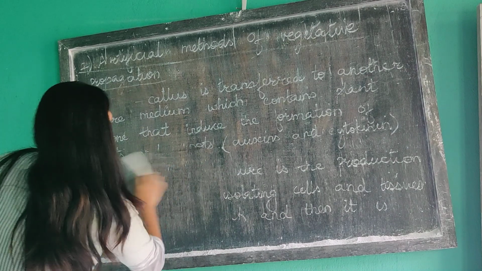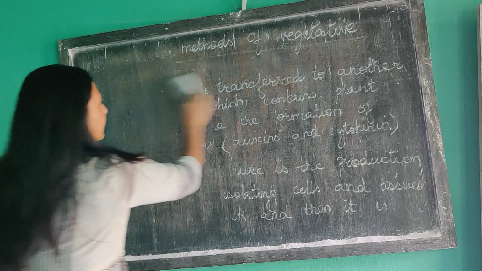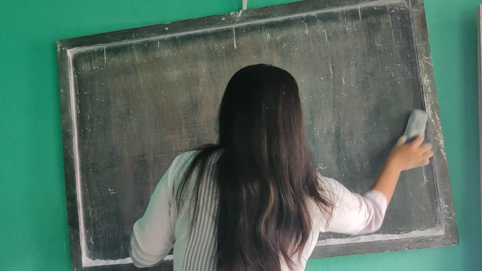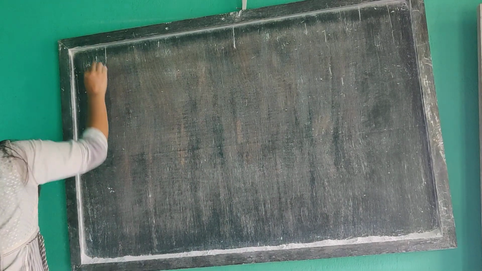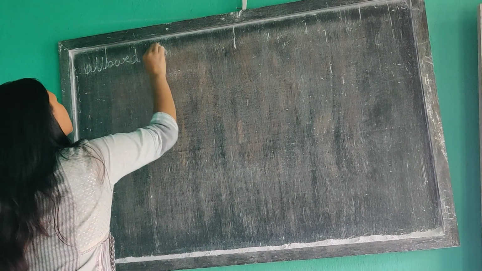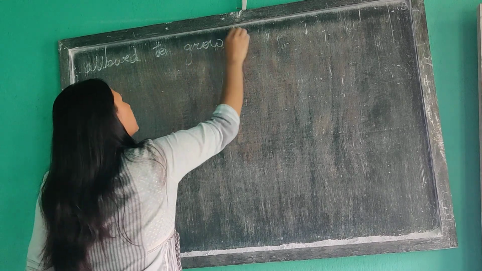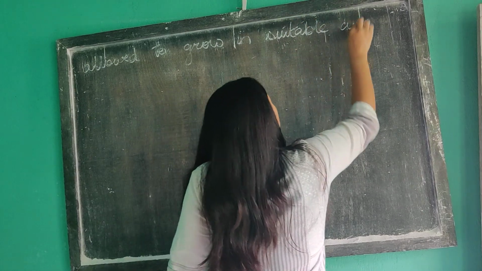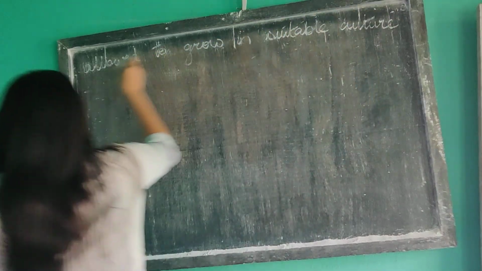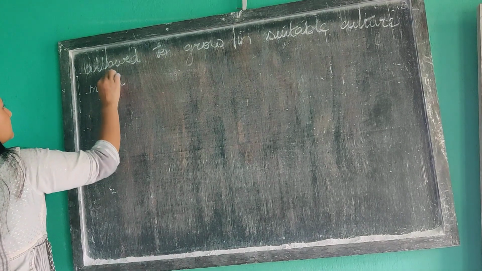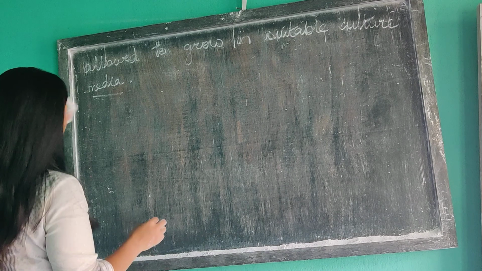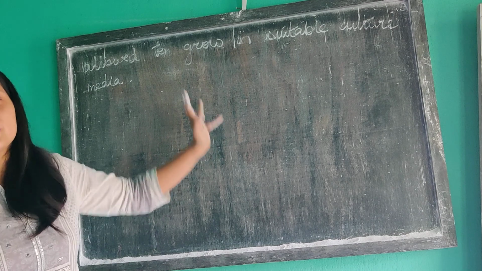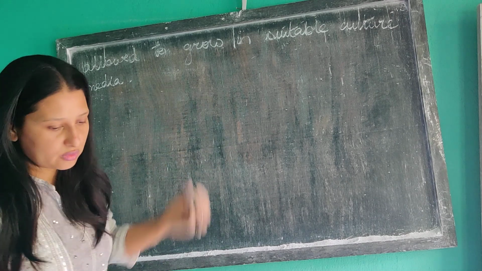Cultured means it is allowed to grow in suitable culture media. Singular is medium, plural is media. Okay, so in this way, when artificial vegetative propagation is done using tissues, this is known as tissue culture.